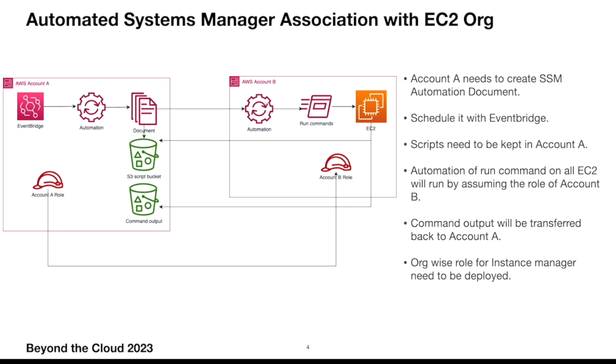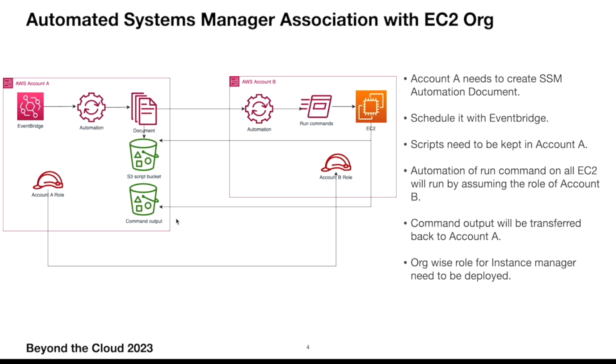So what I have to do is create two roles, the instance profile role, and distribute that role to AWS account B. For the scripts that I want to run, I can give the scripts in the document itself, or I can put the scripts in an S3 bucket. Whenever I assume the role from account A to account B, it will grab the run command, grab the scripts from the S3 bucket, run the command on the EC2 instances, and send the output to the command output bucket of AWS account A.